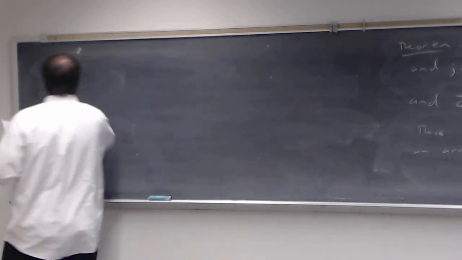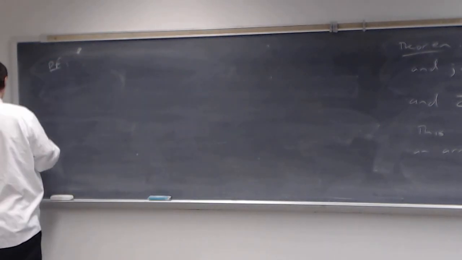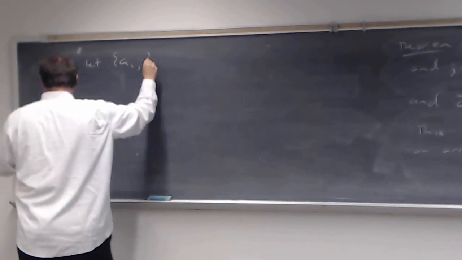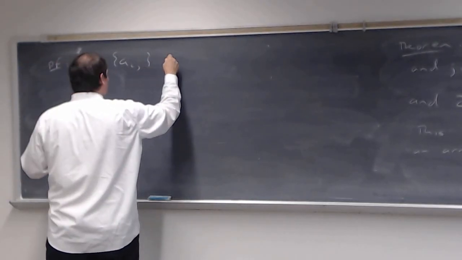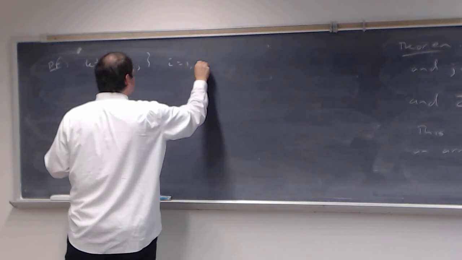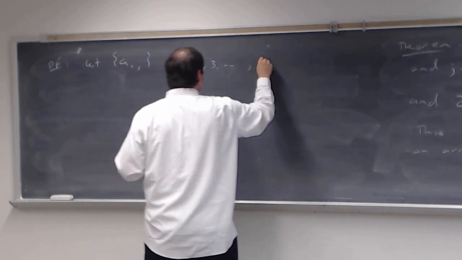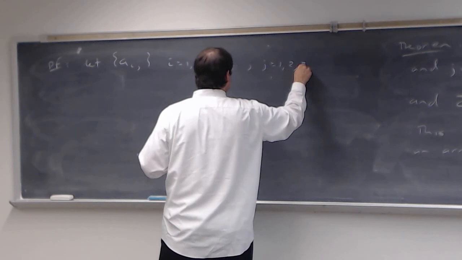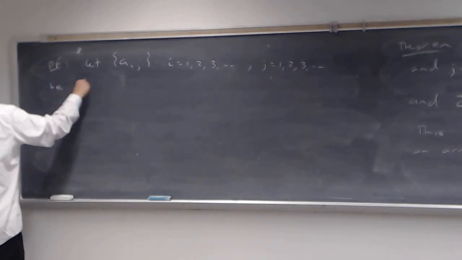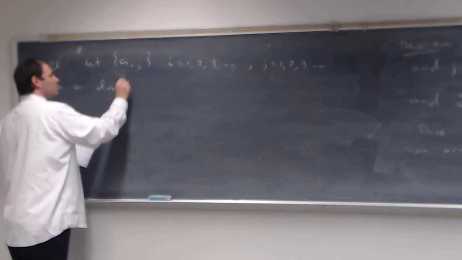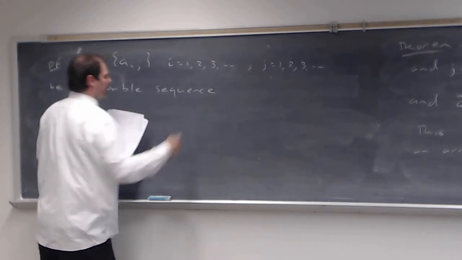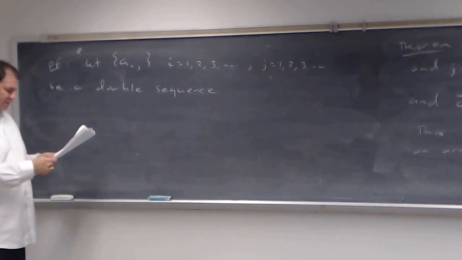So here's the proof. We let a sub ij, where i is equal to 1, 2, 3 forever, and j is equal to 1, 2, 3 forever, be a double sequence, a sequence that depends on two indices.